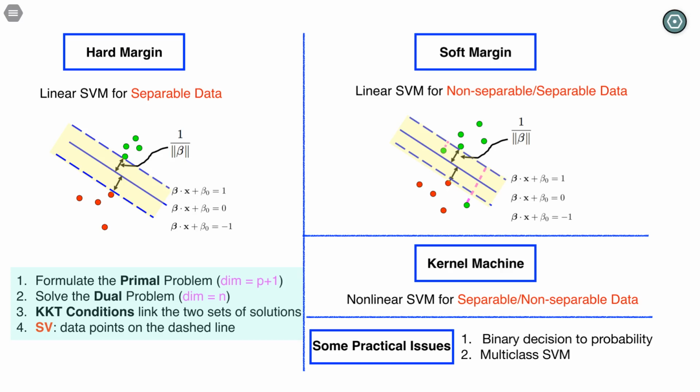For example, we can try to fit a nonlinear function instead of a linear function. Now, suppose you have already built your software for the hard margin formulation with a linear function. How are we going to use that software and machinery to fit a nonlinear function?